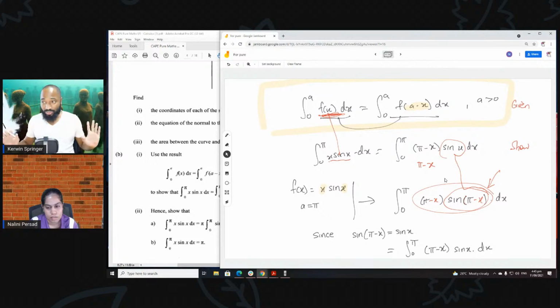You substitute and go brave, which is what I tell my students to do too. Sometimes when you're not seeing what to do, just go with what you usually do in a question like that. So I just substitute f of x getting replaced by the whole of x sine x. Therefore for f of a minus x, I need to replace this x and this x with a minus x, but a is really pi.